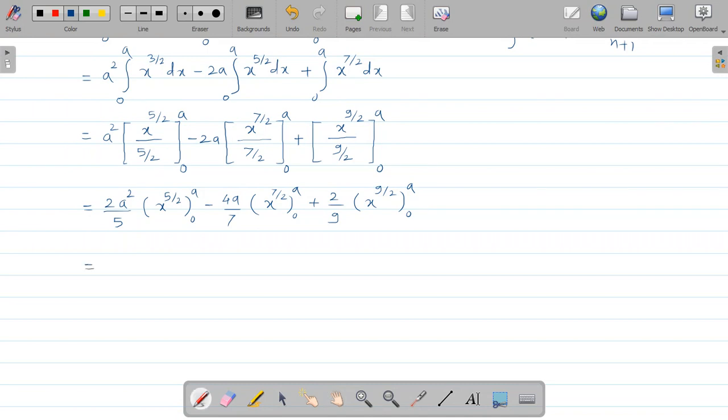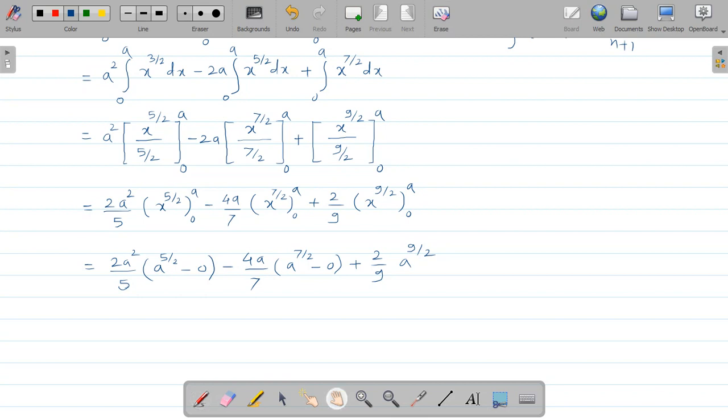See the next step. This is 2a² upon 5. Now if you put the upper limit and lower limit here, then it will be a^(5/2) minus 0, minus, here it is 4a upon 7 into a^(7/2) minus 0, plus it is 2 upon 9 into a^(9/2).